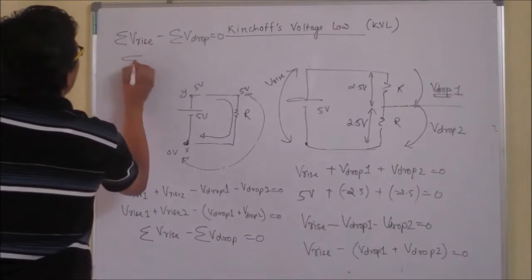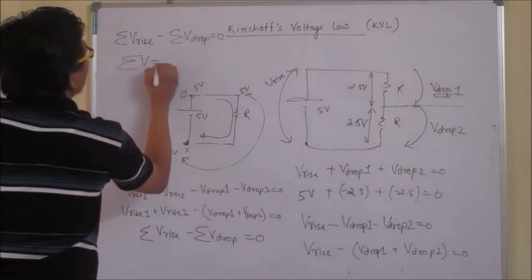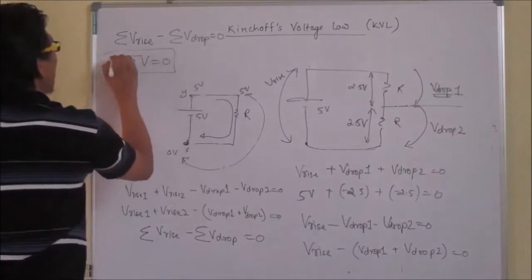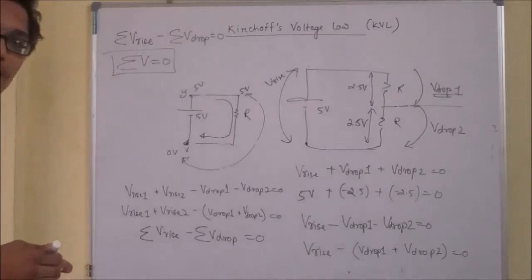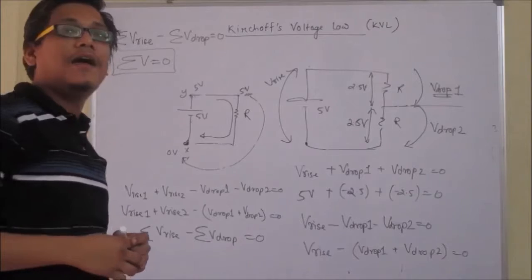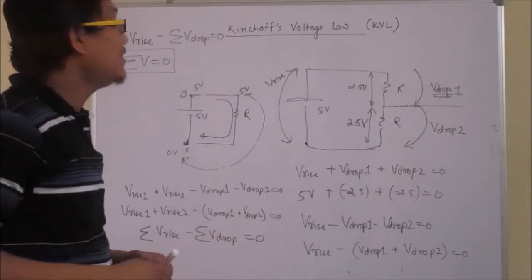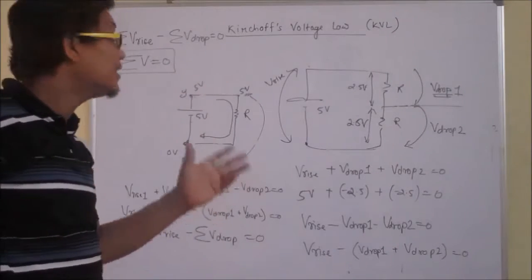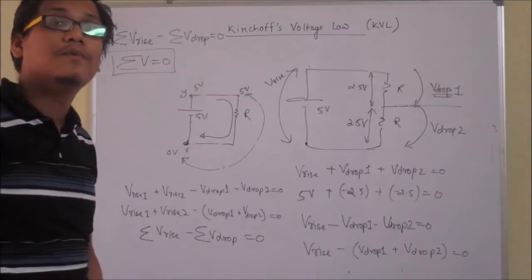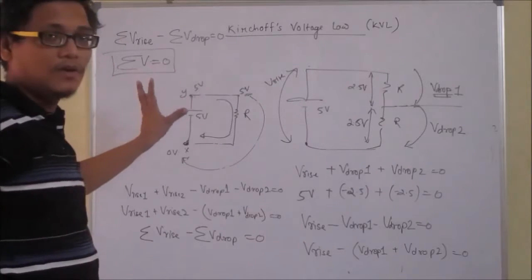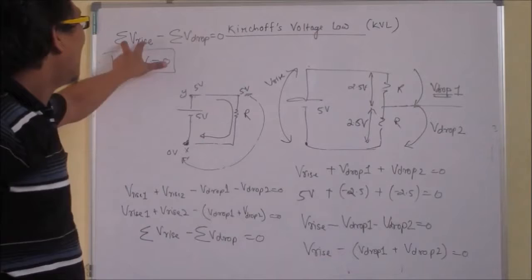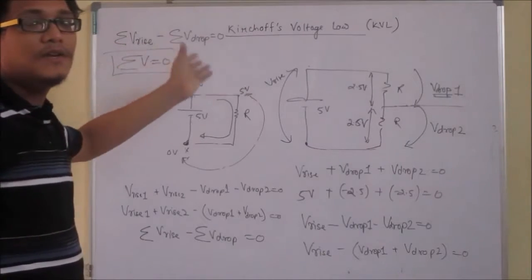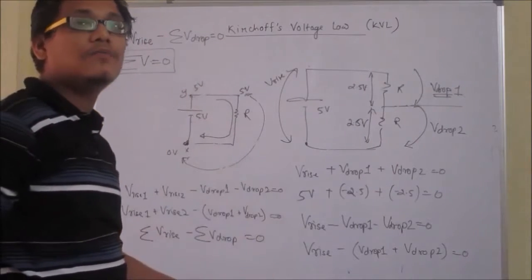Can I just write summation V is equal to 0, where positive voltage indicates the gained energy and voltage rise, and negative voltage indicates voltage drop? Can I write only this? Since it is voltage, positive indicates gain and negative indicates drop.